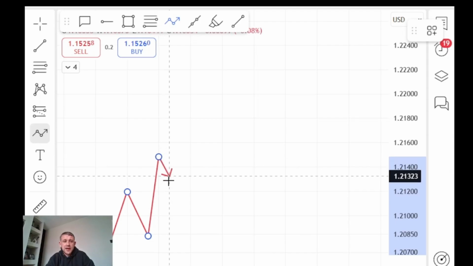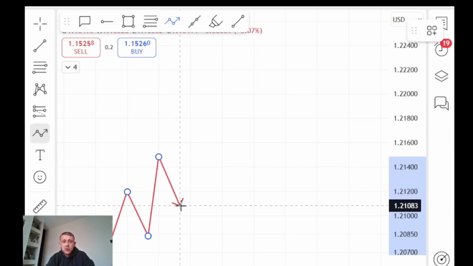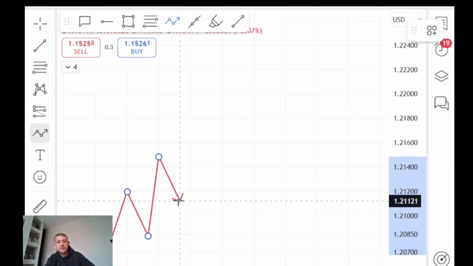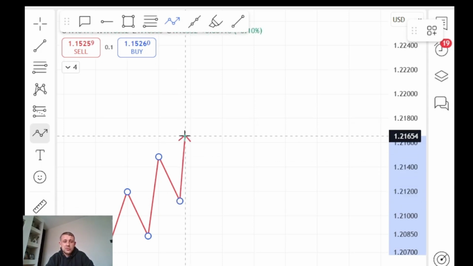And when it pulls back, it forms a low, but that low is still higher than the previous low. That is a pattern of higher highs and higher lows, and that tells us that buyers are in control and the overall direction of the market is moving upwards.